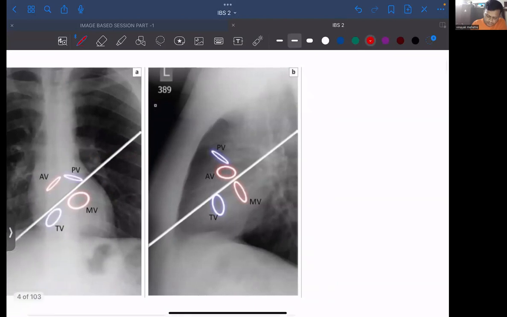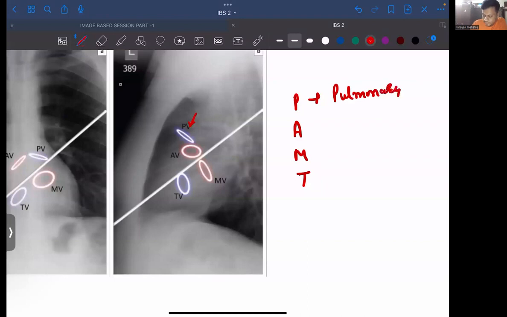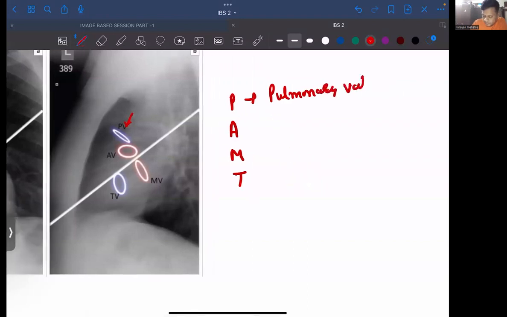So remember it like this: PAMT. The most superior valve is the pulmonary valve, A for aortic valve, M for mitral valve.